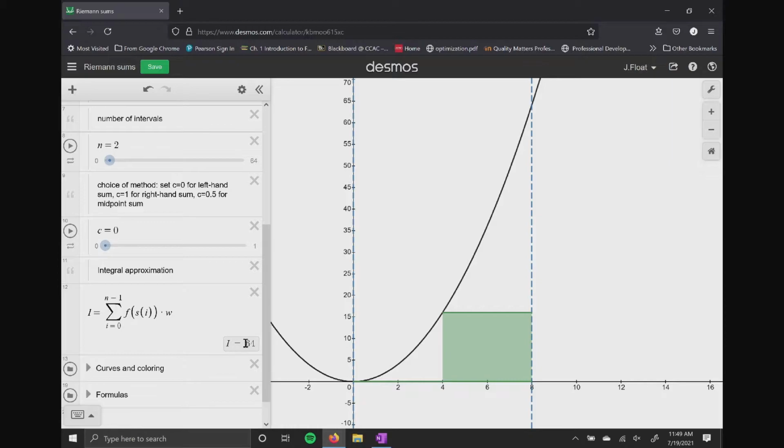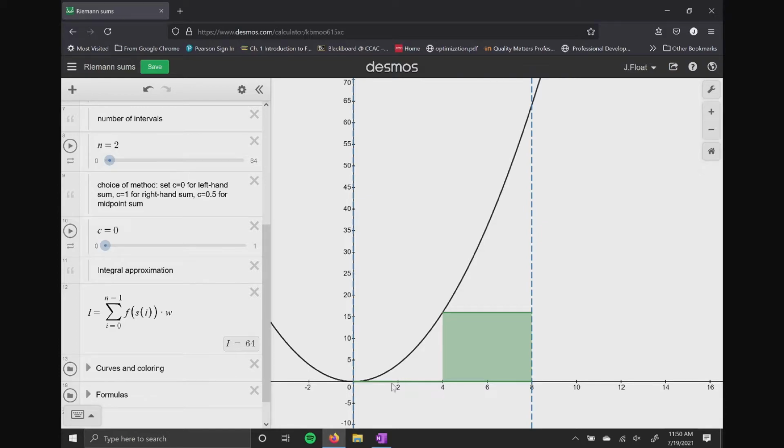That is the sum. In other words, if we were to take the area of this rectangle right here, hopefully you can see that in the middle of your screen towards the bottom, okay? If we were to take the area of that, it would be the distance from 0 to 4, which is 4, times the height of the function, which is 0, because 0 to the second power is 0.